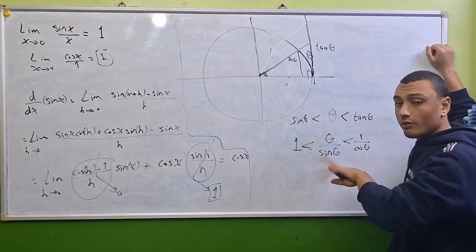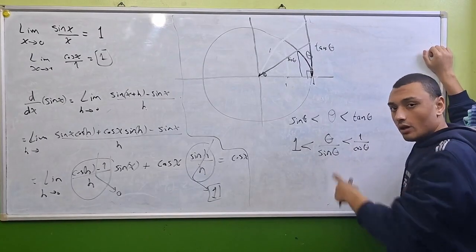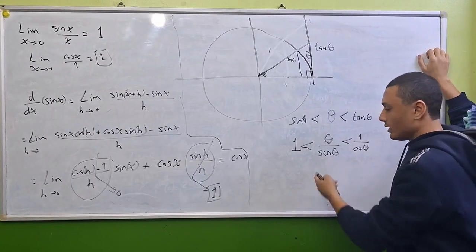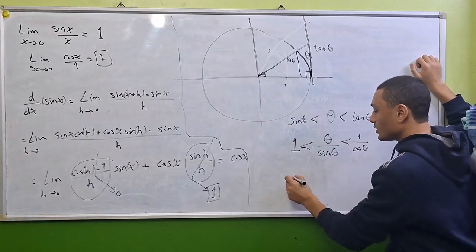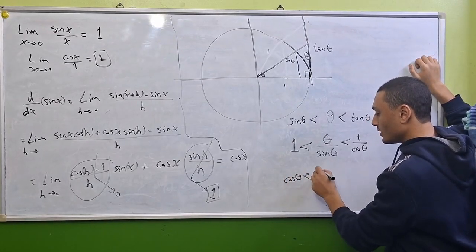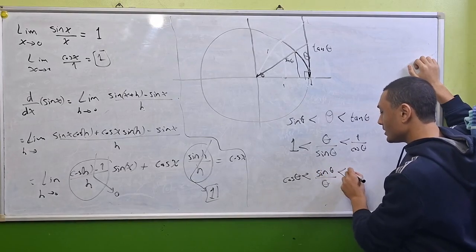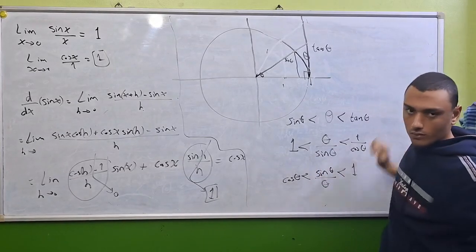So if we flip everything, we can swap the 1 and cosine theta if we take the reciprocal. So cosine theta is smaller than sine theta divided by theta, and at the same time smaller than 1.